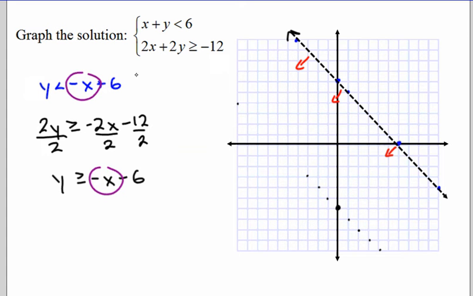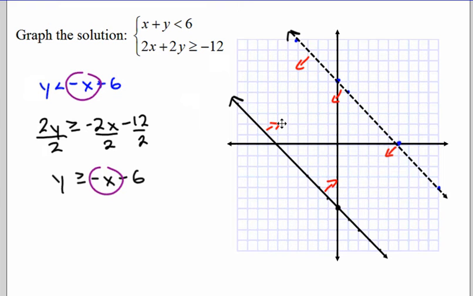Line those up. There's an equal sign in this, so I use a solid line. I draw the line through those points. Okay, so this one said y is greater than or equal to, so that's everything above the line.